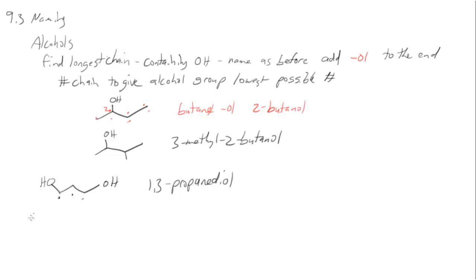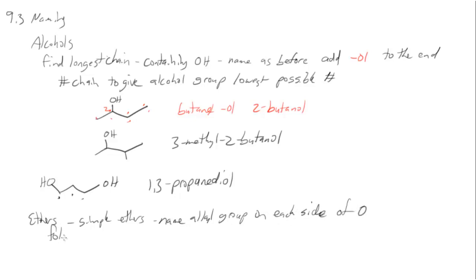If we have ethers, for simple ethers, we just name each side. So name the alkyl group on each side of oxygen, followed by ether.